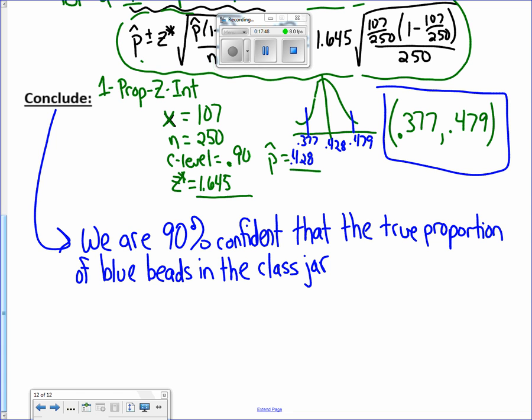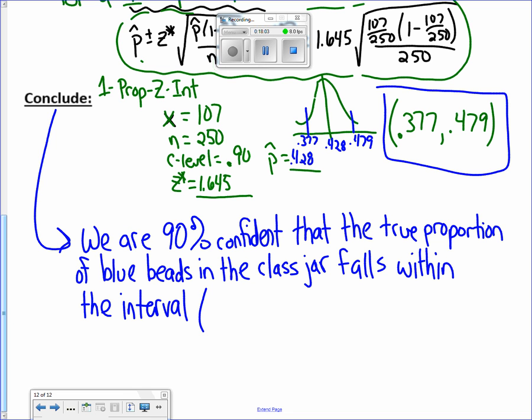Falls within, still reading from the previous page, the interval 0.377 to 0.479. Done. That's in context and it's the correct conclusion.